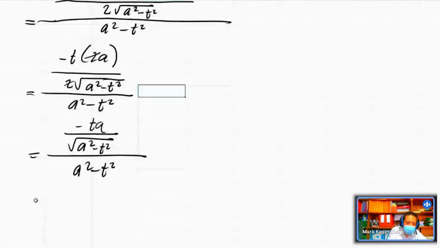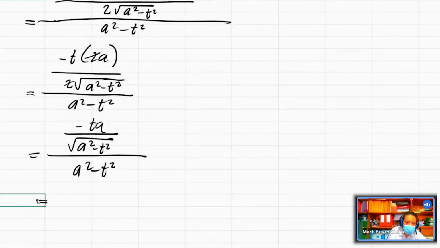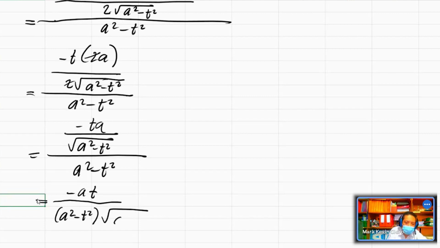Next, you can write this as negative ta over a squared minus t squared times the square root of a squared minus t squared.